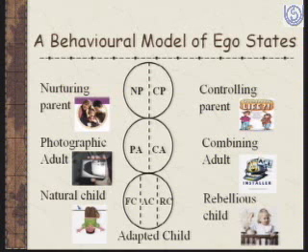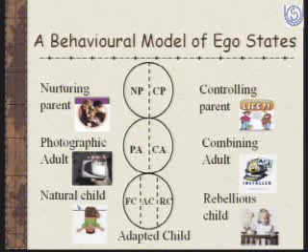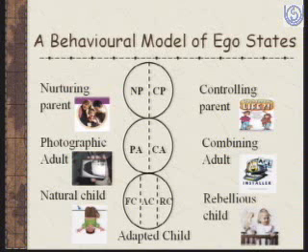So the part of our parent ego state again has different types of behavior. One kind of behavior is the nurturing behavior. The other kind of behavior is the controlling behavior, or the critical parent. The controlling parent, we also call it a critical parent. So there are basically two kinds of behavior you see.